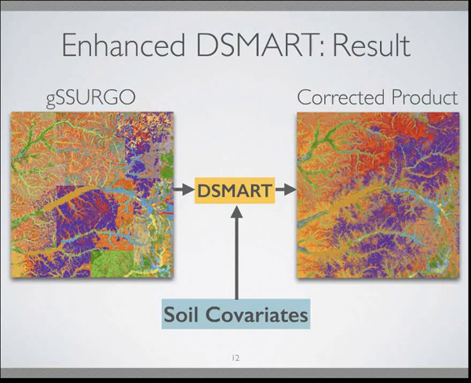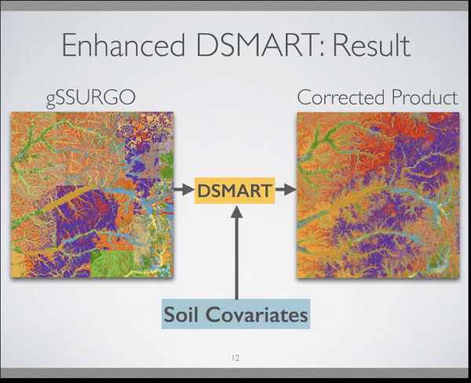And so going back to our original problem, we have gSURGO, we have our soil covariates, and we combine those using DSMART, using the algorithm I just discussed, to arrive at this corrected product. So here's an example of what it's able to do. It's able to take the information and effectively disaggregate it.